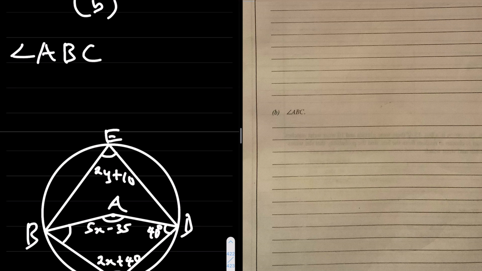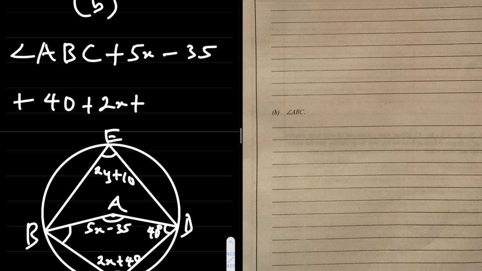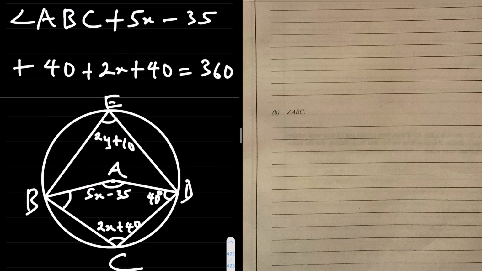Angle ABC plus 5x minus 35 plus 40 plus 40 plus 2x plus 40 equals 360 degrees.